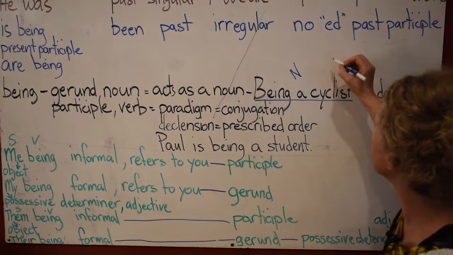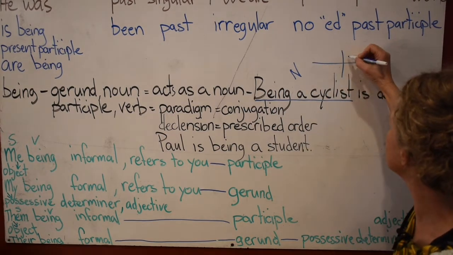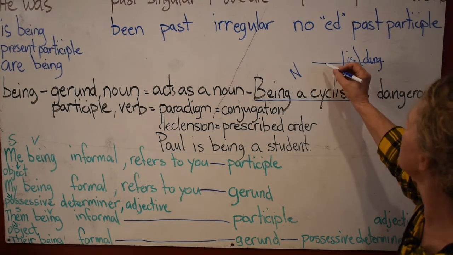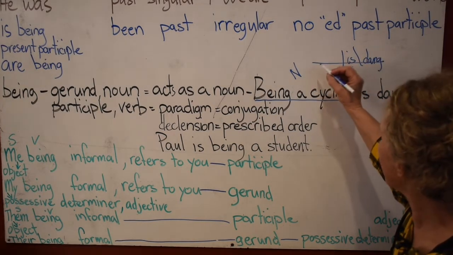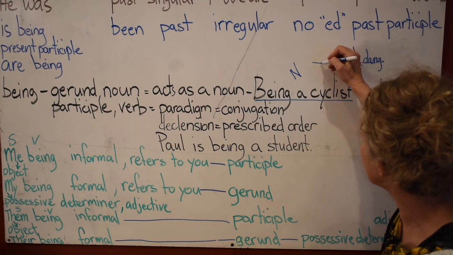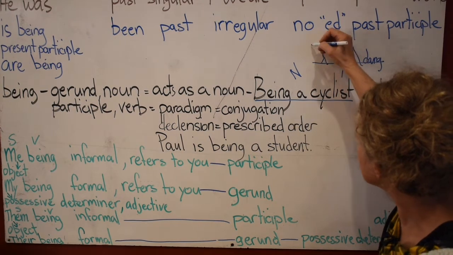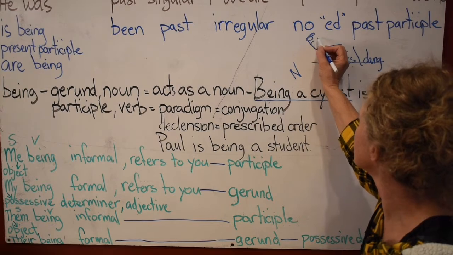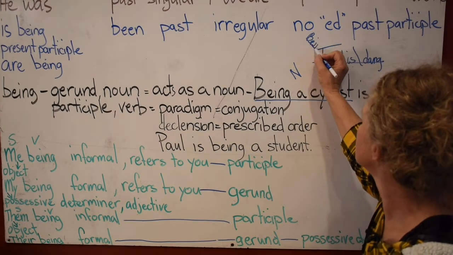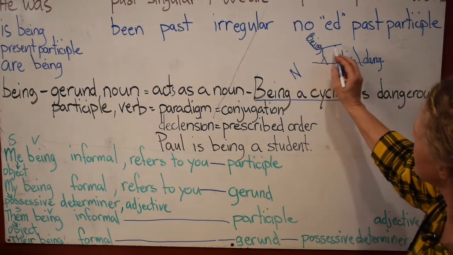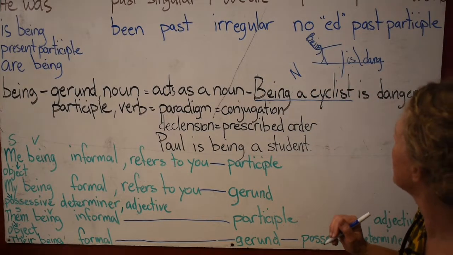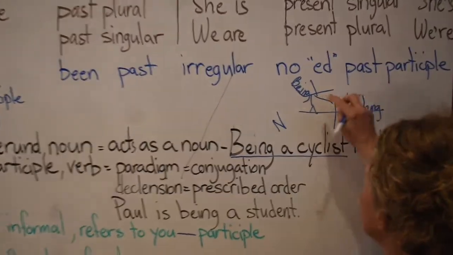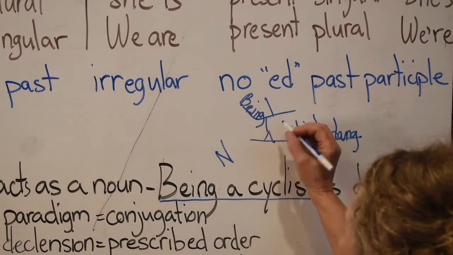If we do this, it'll sit like is, and then we have dangerous, and then we have this going to sit on a tree up here. And being is going to kind of zoom around like this, and then we're going to put our line down like this.